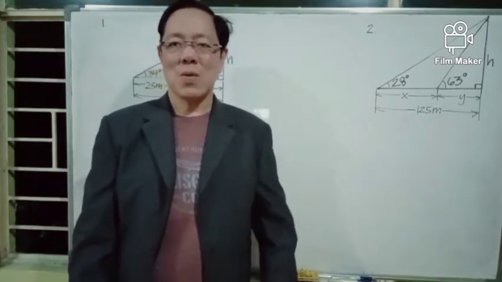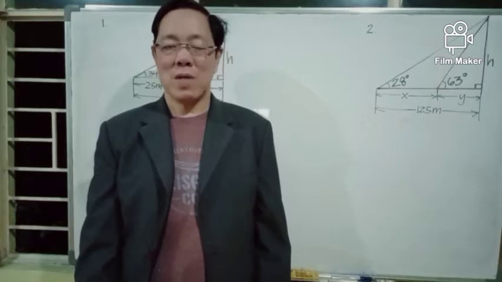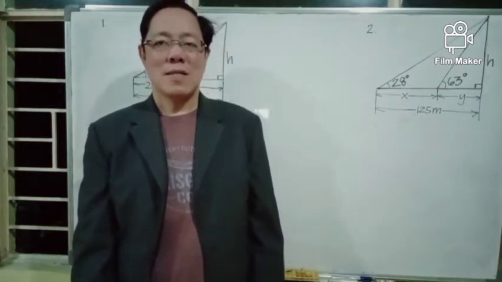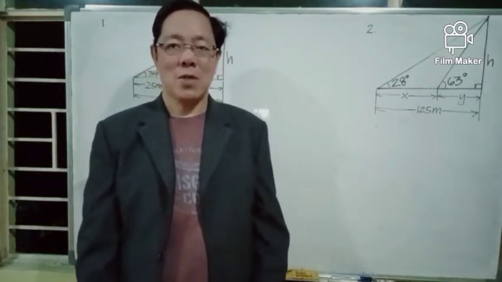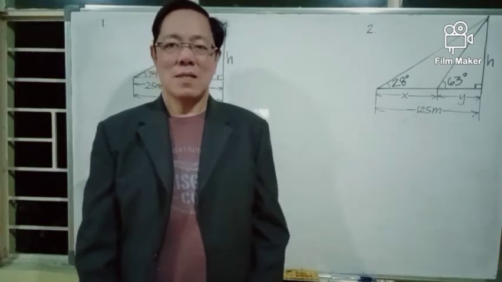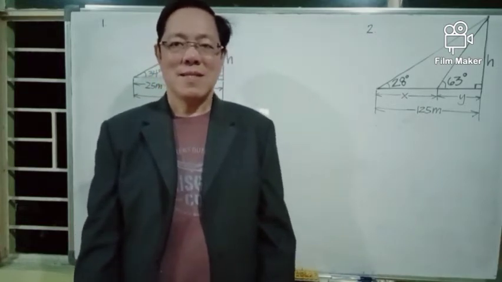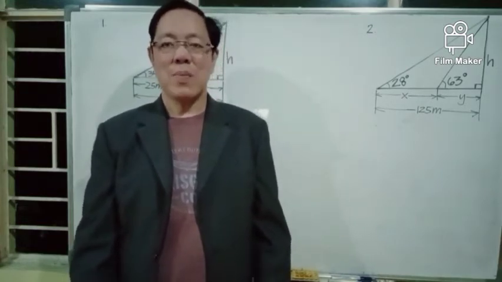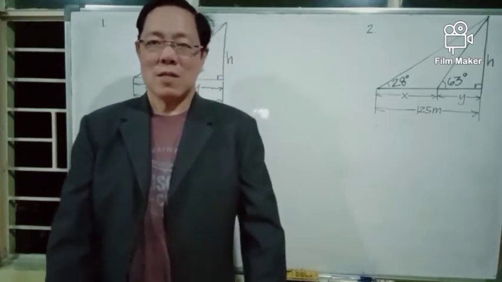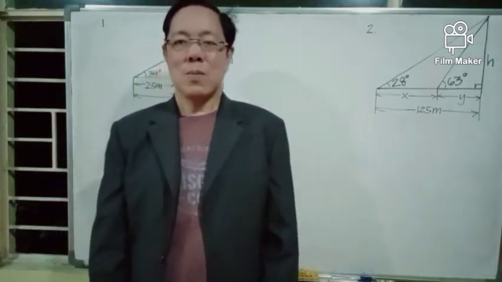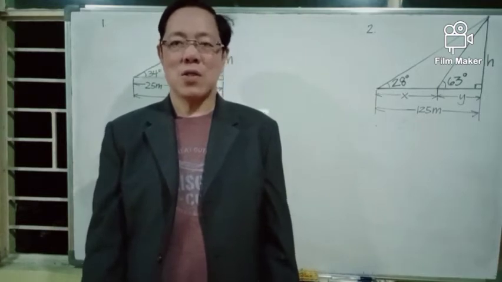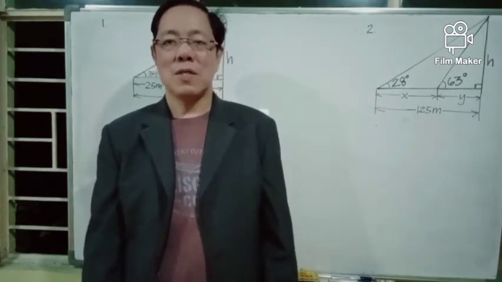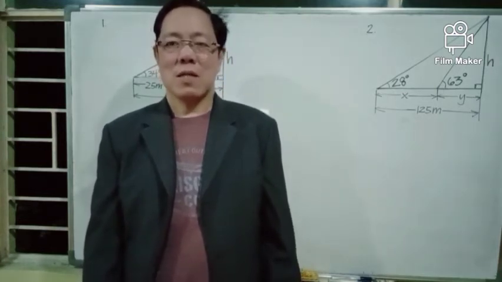For today, we will take problems that will require us to apply some of the basic trigonometric functions and the Pythagorean theorem and the triangle sum theorem. You must note that the Pythagorean theorem applies only for right triangles.